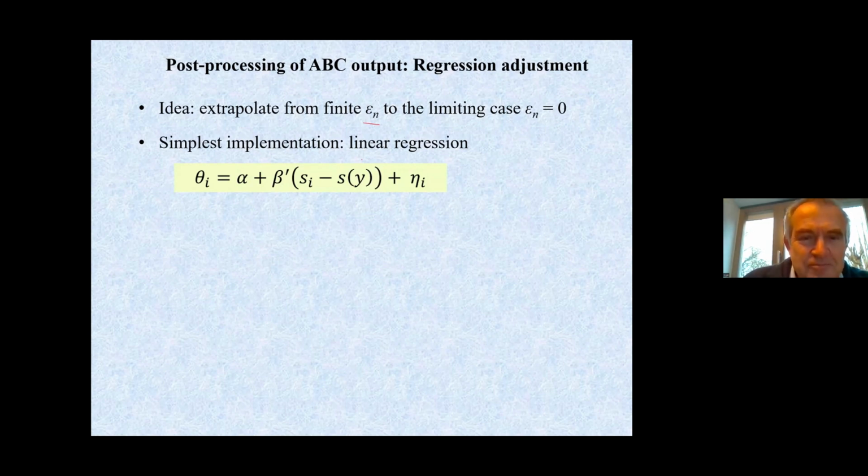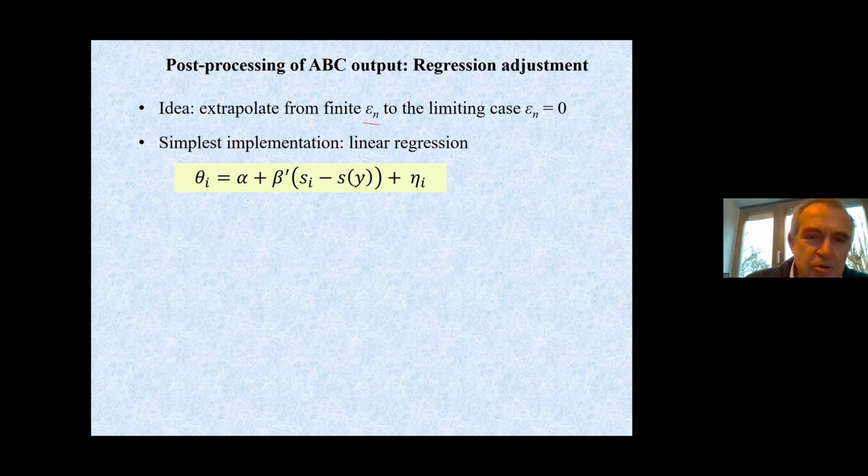So that requires, in the simplest of cases, a linear regression. You compute the dependency of the parameters on the deviation. Say S_i is the summary, the aggregated moments for the parameters at i, simulation number i. You compute the deviation of the moments from the empirical moments of that simulation, and then you perform a regression for all the simulations of the parameters on the difference between summaries or moments.